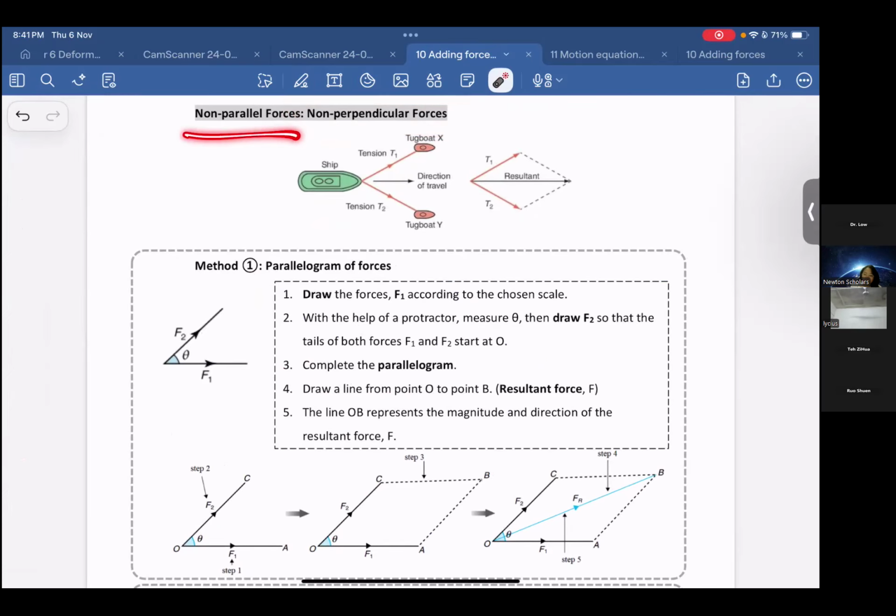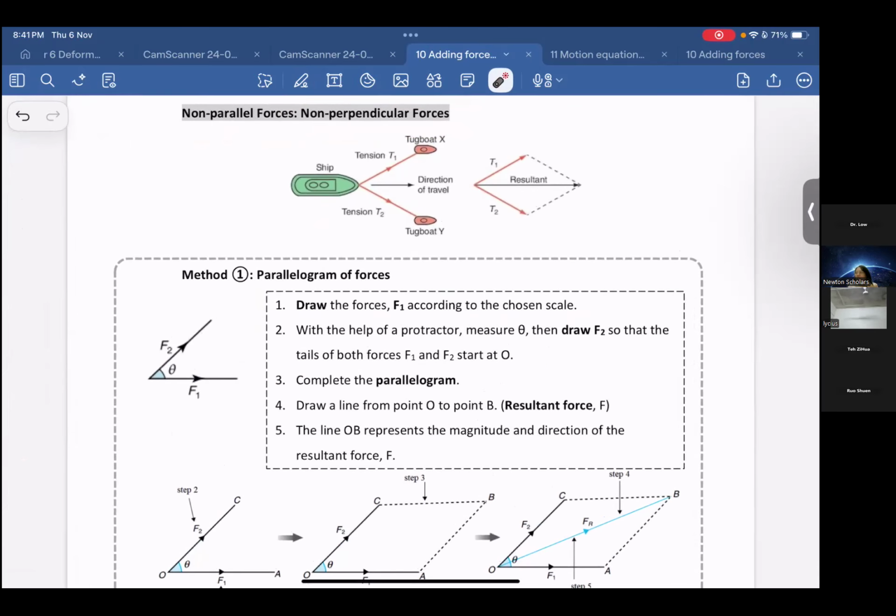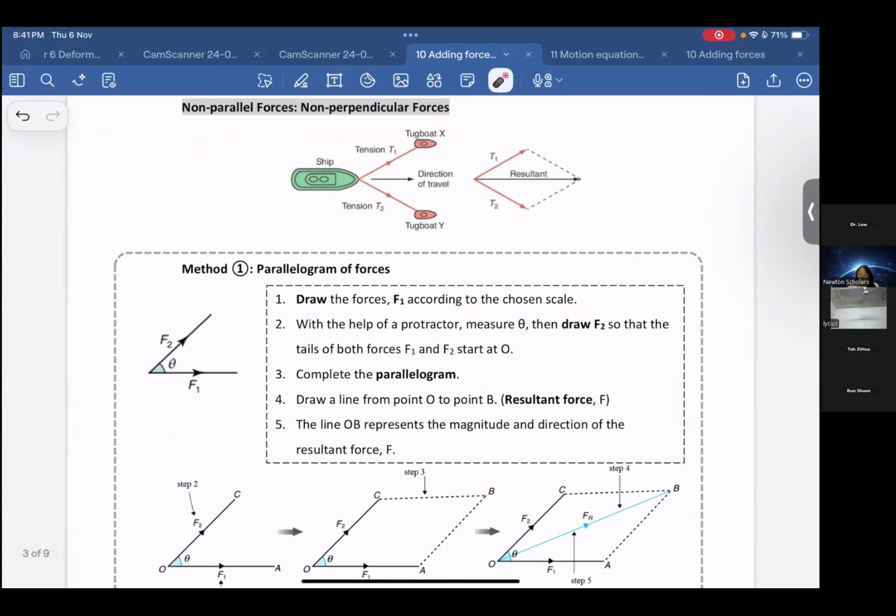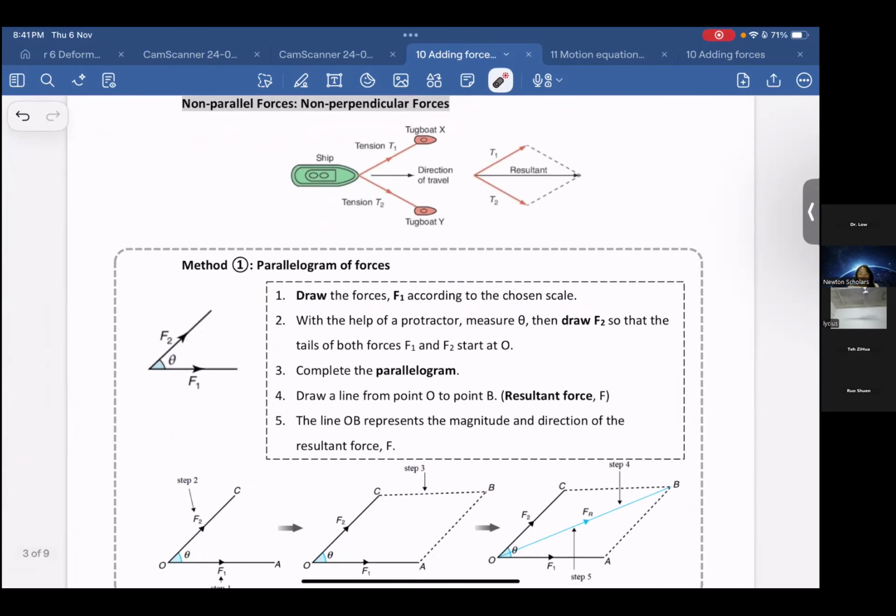They are non-parallel and somehow they are not 90 degrees. How do we solve it? I still need to teach you because we want to avoid it coming out in MCQ. It doesn't have a very clear instruction saying that this one is removed. It doesn't mention anything. So we learn a bit, assume it's extra knowledge for us, but actually it's not hard. It's the same as just now what we did.